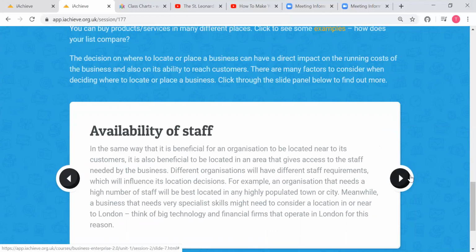And lastly, availability of staff. Certainly if the work you do is very labor intensive, then the cost of the product you produce depends very, very heavily on what you have to pay staff to produce it. And that becomes a very significant factor.